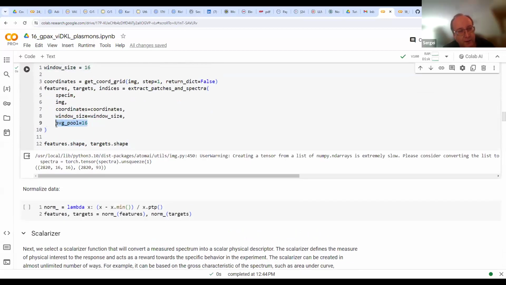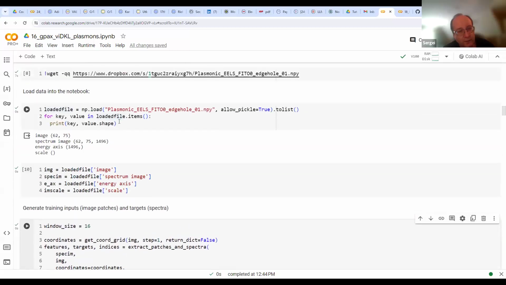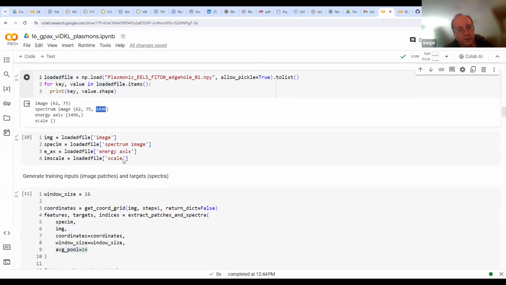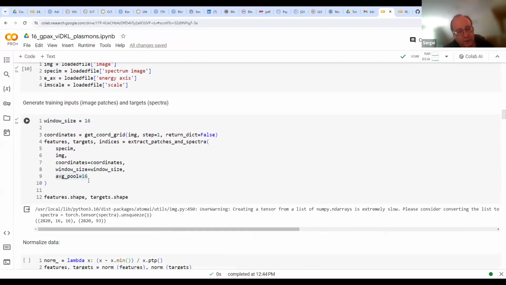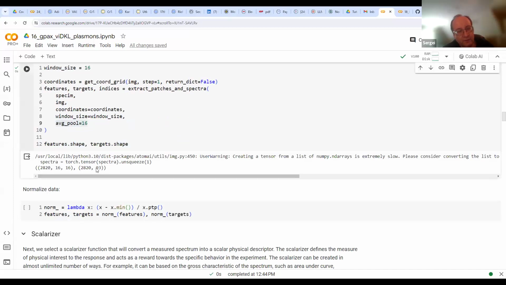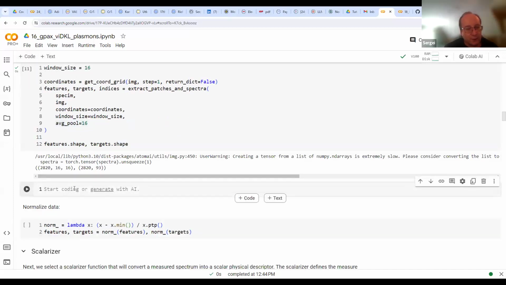93 is because we use average pooling. When we have a spectrum that has 1500 points, that's way too much, so once we average pool it, we make it much smaller. It's very easy to see what happens inside.